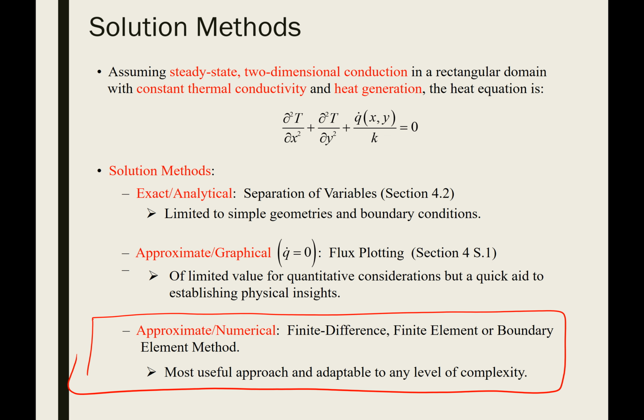To get closer and closer to reality, you would just make your little cubes smaller and smaller, which means you're going to get more and more equations and more things to solve. But computing has advanced so much that computers are really powerful, and we can actually solve those kinds of problems now with just purely software.